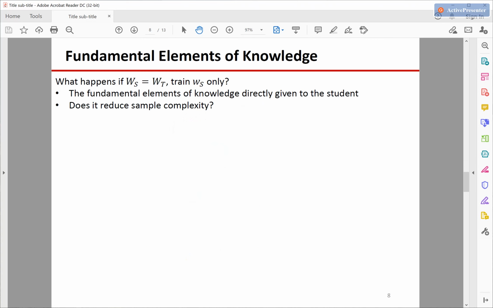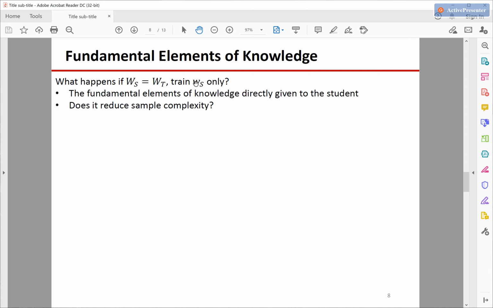Now let's try to understand the first factor of knowledge representation, fundamental elements of knowledge. One of the most basic questions I can ask is: if I just give the hidden neurons of the teacher to the student, or basically these elements of knowledge from the teacher to the student, and I only train the structural connections of the student, do I, in this case, need fewer samples to train a student that has very low testing error?